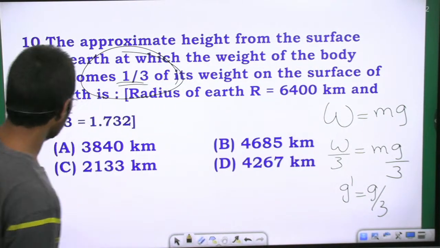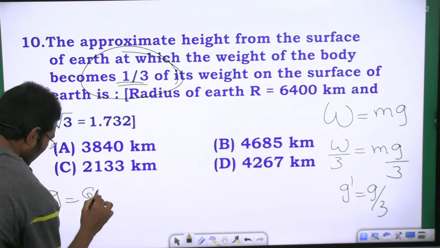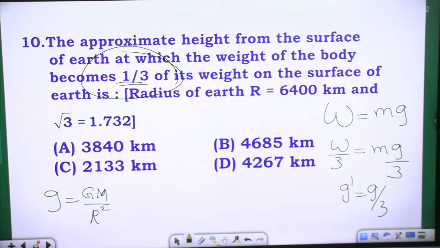So what do we know? g is equal to GM by r square, right? The relation between capital G. So G always remains constant. Mass of Earth always remains constant wherever you go. The only thing is distance from the surface of Earth. So that is being changed.